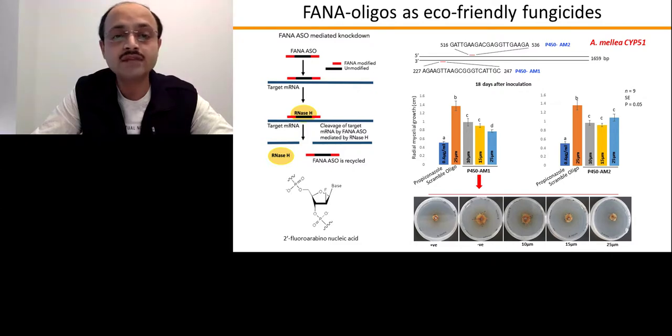We had them synthesized for the Armillaria mellea CYP51 gene, and then we plated different doses of these oligos onto the plate in a fashion very similar to an antibiotic, and then seeded these plates with the fungal cultures. At a dose of 25 micromolar, we saw repression of the fungal proliferation, very much like the synthetic fungicide. So it gives us hope one can replace these chemical fungicides with these oligonucleotides, which are more green in nature.